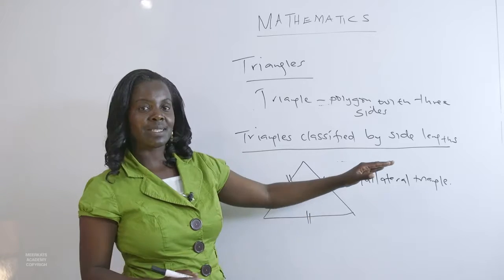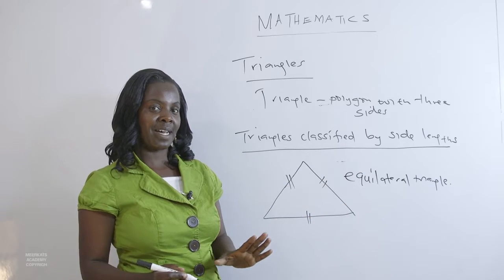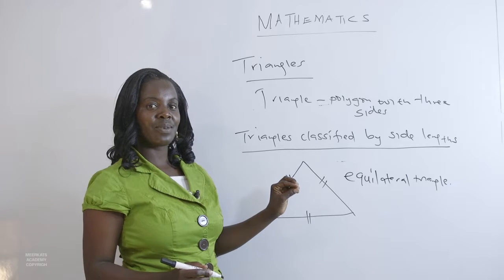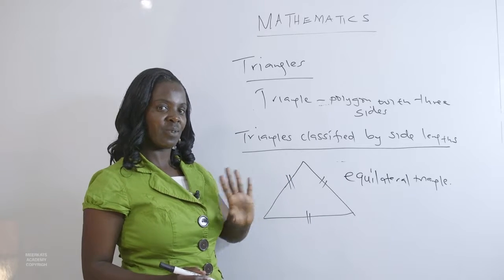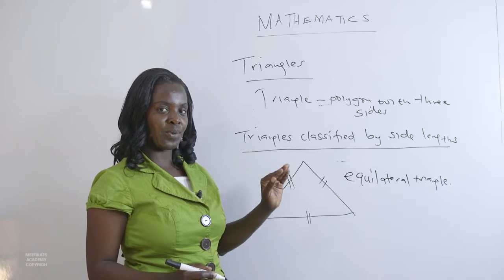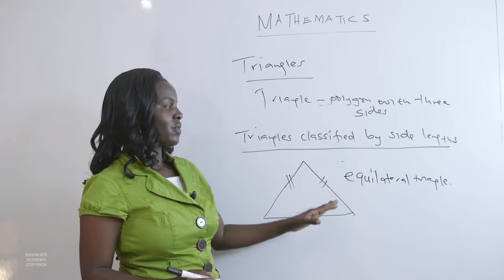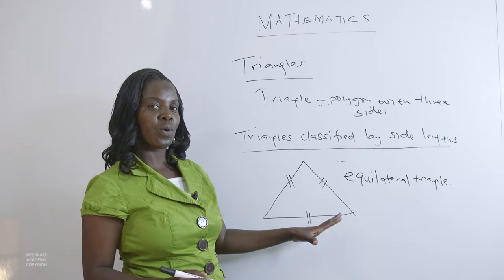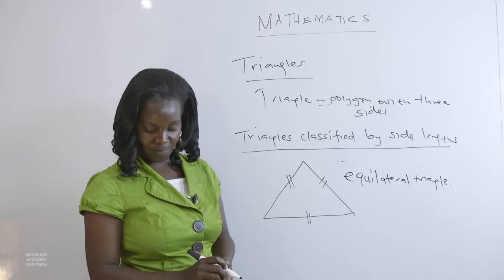So from the side lengths, you realize that we have 3 types of triangle. We have a scalene triangle, which has no side equal to any other side. We have an isosceles triangle, where 2 sides are equal. And we have an equilateral triangle, whose 3 sides are all equal.